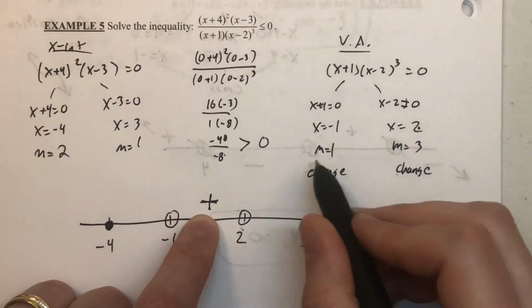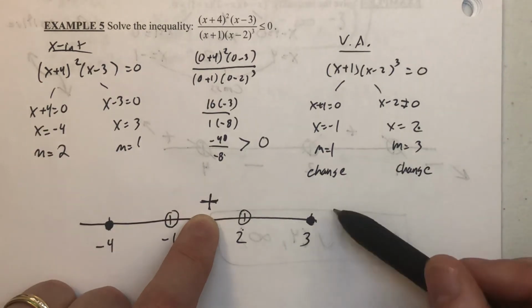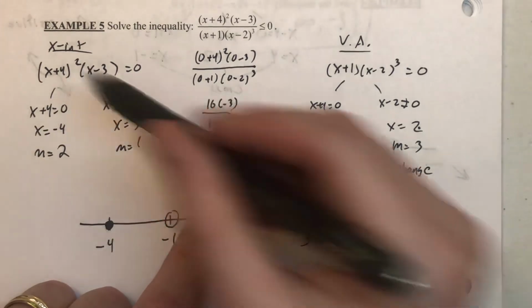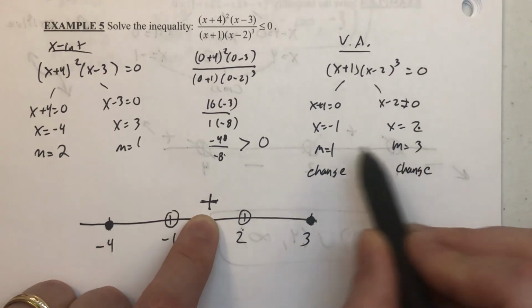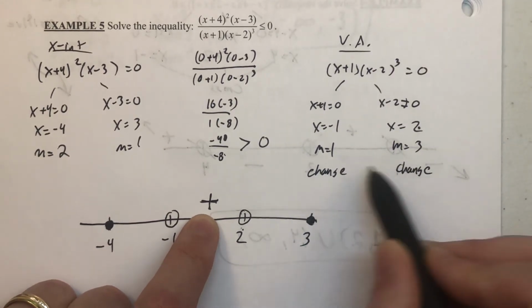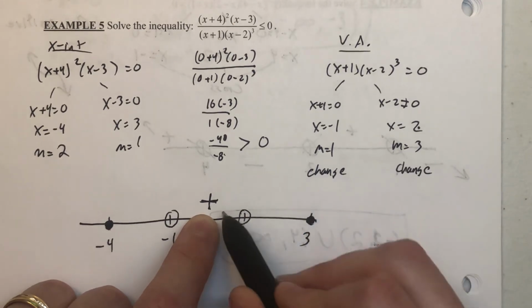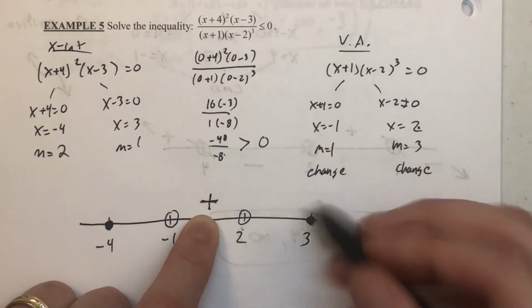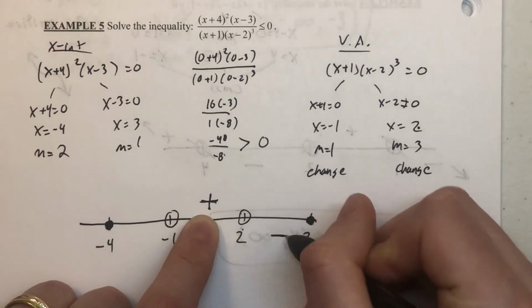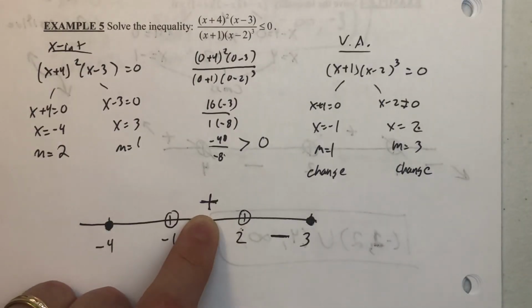That's what an odd multiplicity means. Technically, whether you're talking about crossing for an intercept or infinities for an asymptote, any odd multiplicity is where you're going to see a change of sign, which means from positive, crossing past this asymptote, on the other side, guaranteed it's negative.